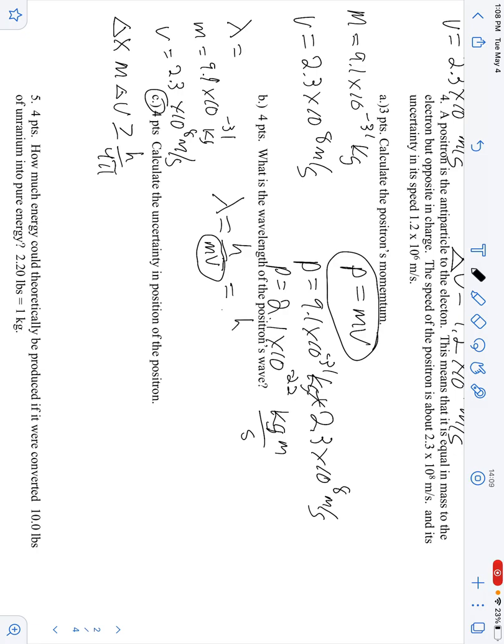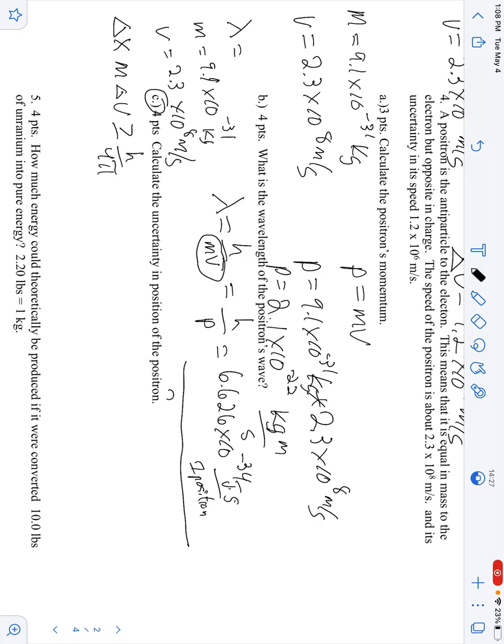So I could just take Planck's constant and divide it by the momentum. And I'm going to do that instead because it's quicker. Now we're only dealing with one positron. And then I'm going to divide it by my answer from part A.